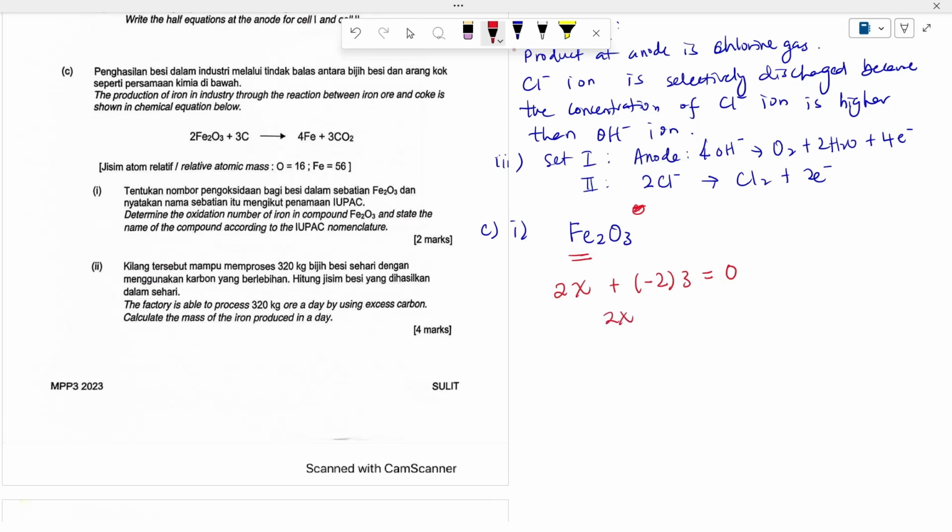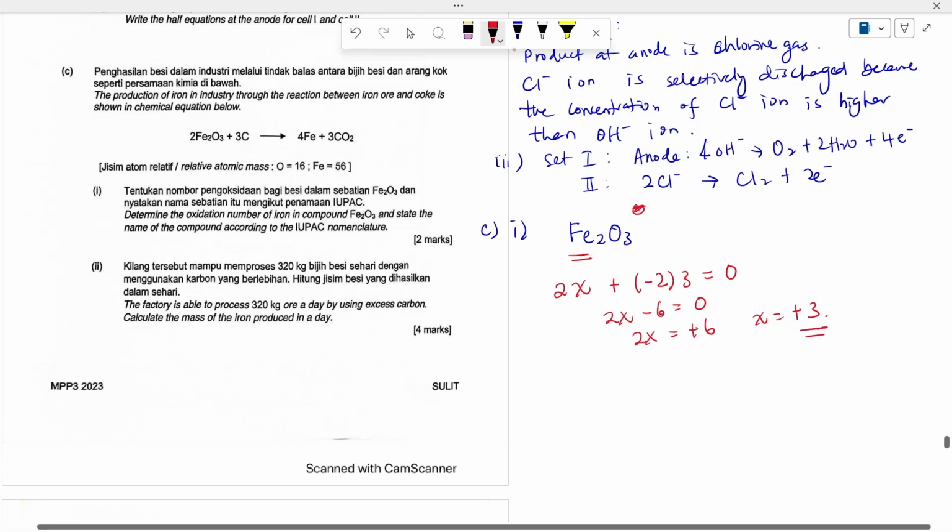So 2X minus 6 equals 0, so 2X equals positive 6, so X will be positive 3. In other words, the oxidation number for the iron is positive 3.